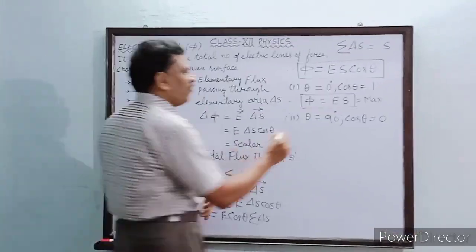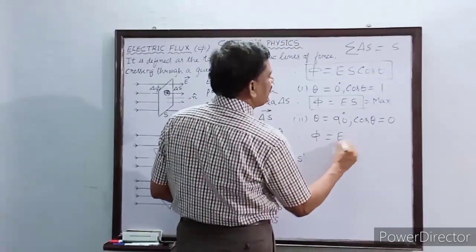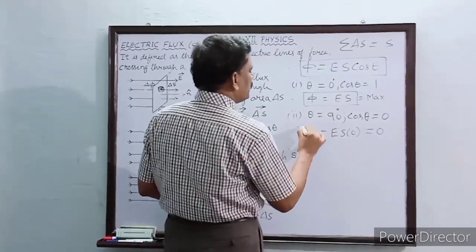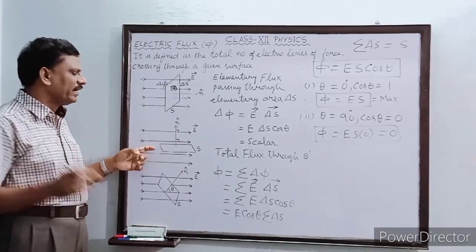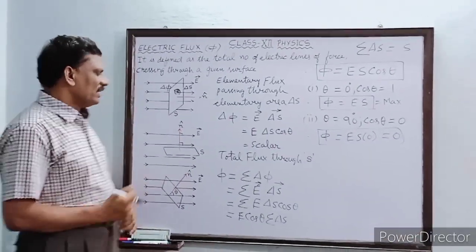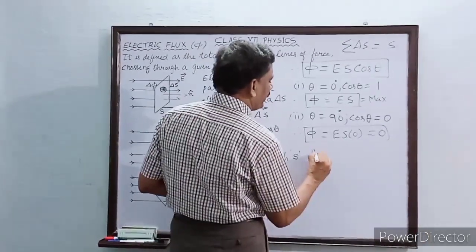That means flux phi is equal to E into S into 0, and that is equal to 0. So the flux phi is equal to 0 in the second case. That is why no single line will pierce through the area. It is very clear from the picture itself. Now for the general expression, you can see that in the third picture theta is any value.